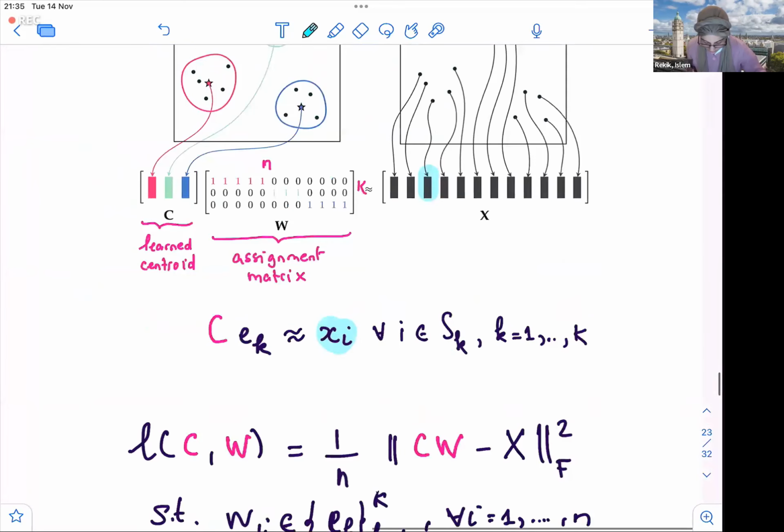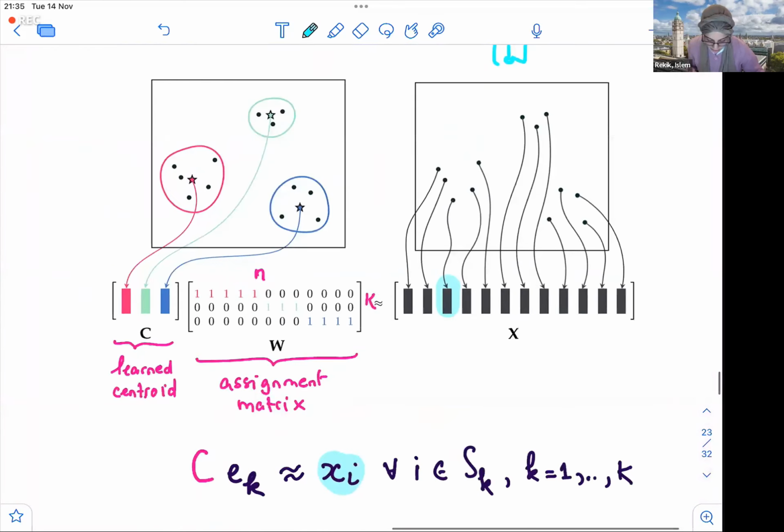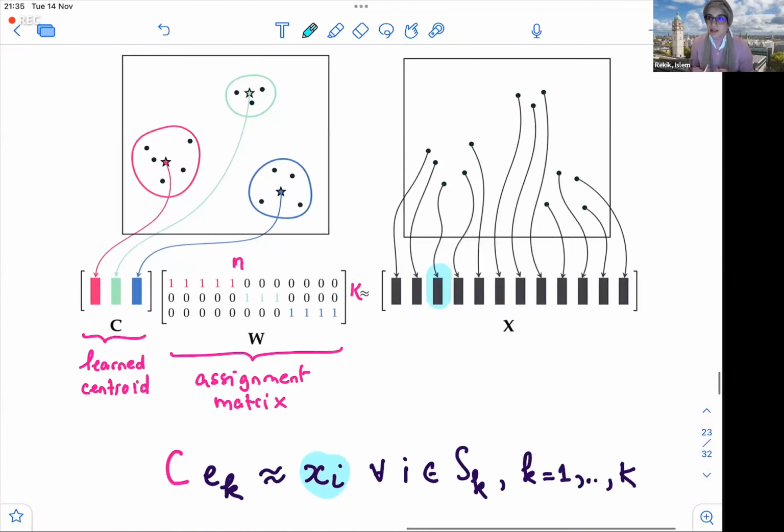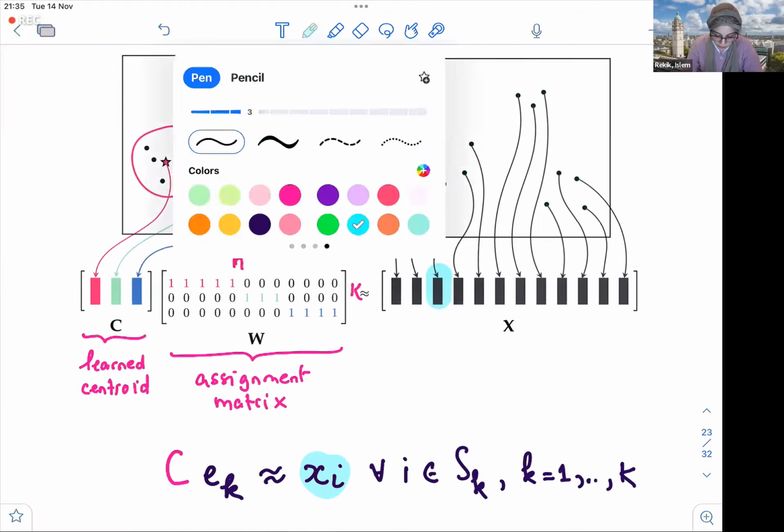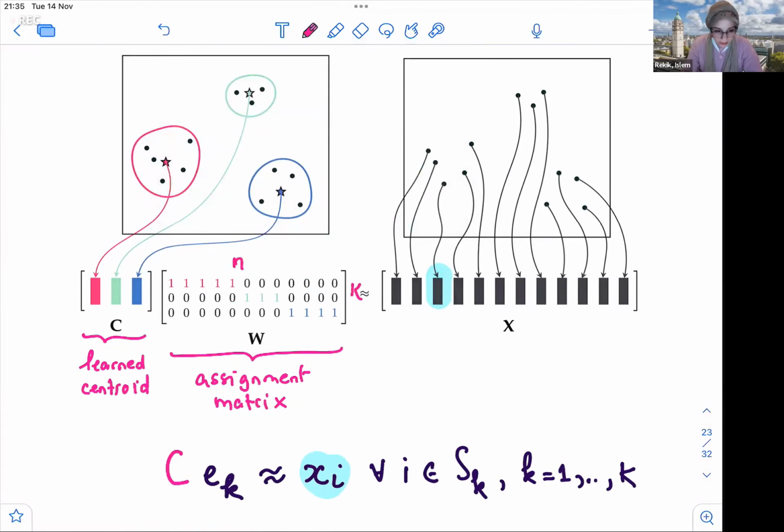Look, everything is beautifully summarized in this figure. So what do we have here? We have 3 centroids. We have the red, the green, and the blue.